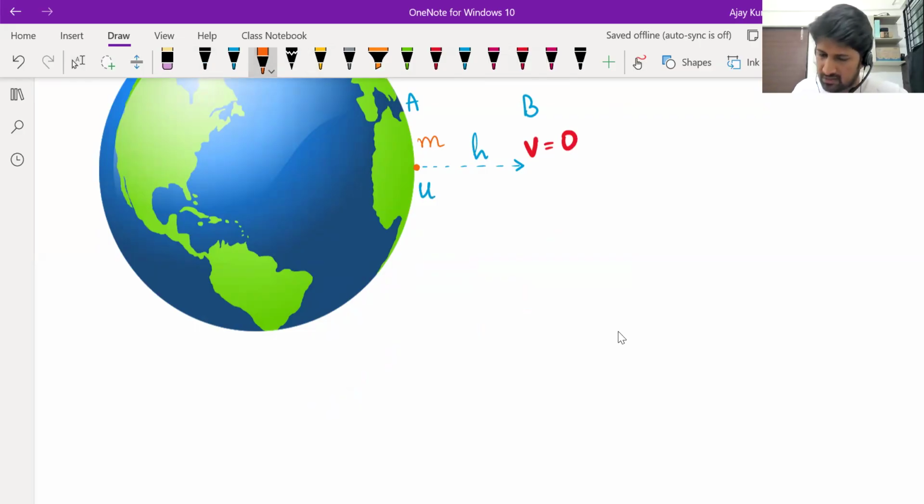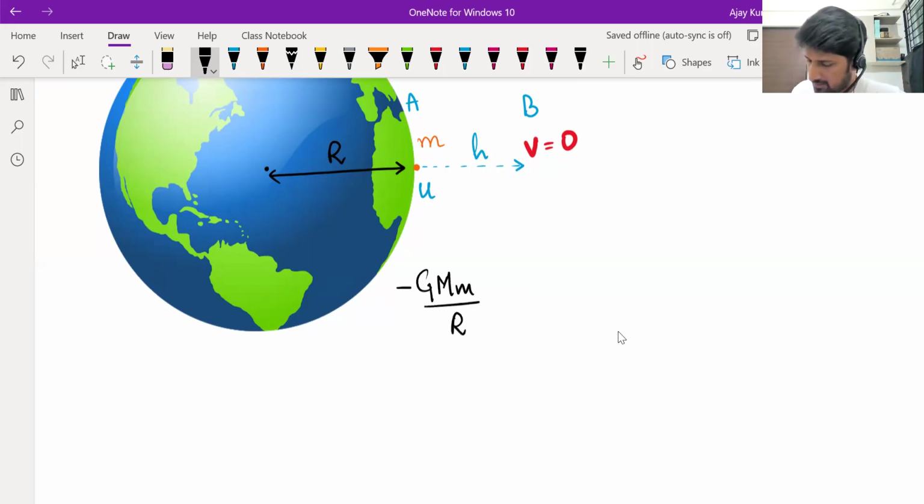Ui plus Ki is equal to Uf plus Kf. Initial potential energy between the solid sphere and this object: the object is just outside the solid sphere, so the distance from the center of the sphere to the object initially is r. So gravitational potential energy initially will be minus GMm divided by r.